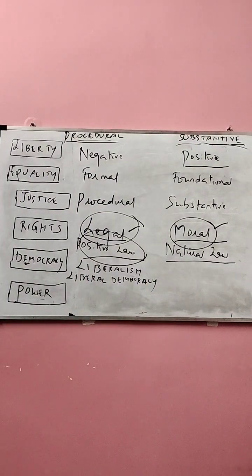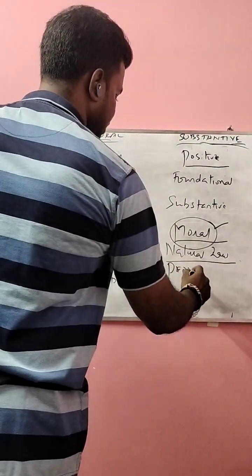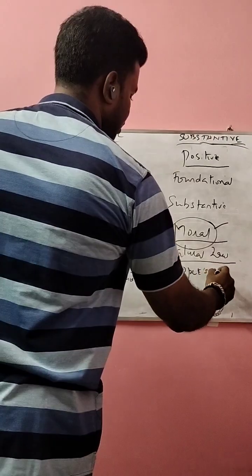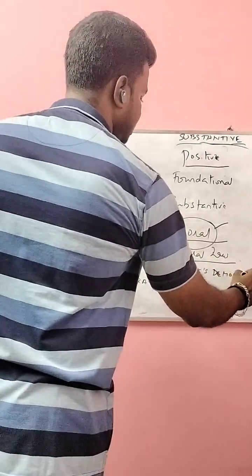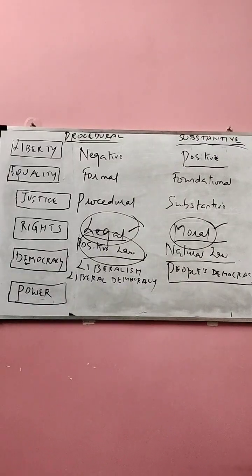Substantive democracy is mainly associated with socialism. Here it is called people's democracy. China calls itself a democracy. Indian people may laugh at this statement, but there is a truth in all points of view. So the Chinese claim is based on their own perception of democracy. Chinese democracy is based on the concept of socialism.